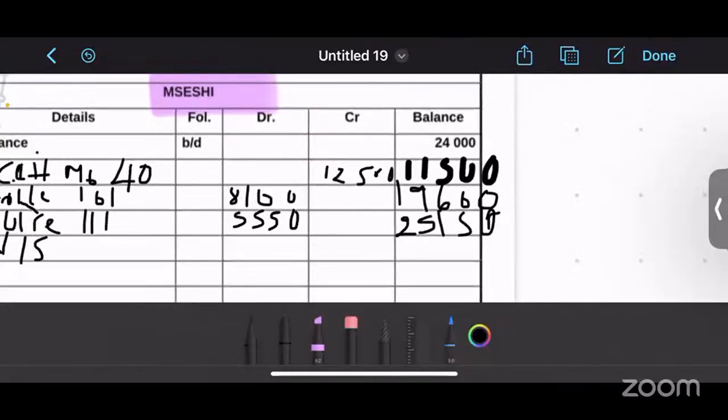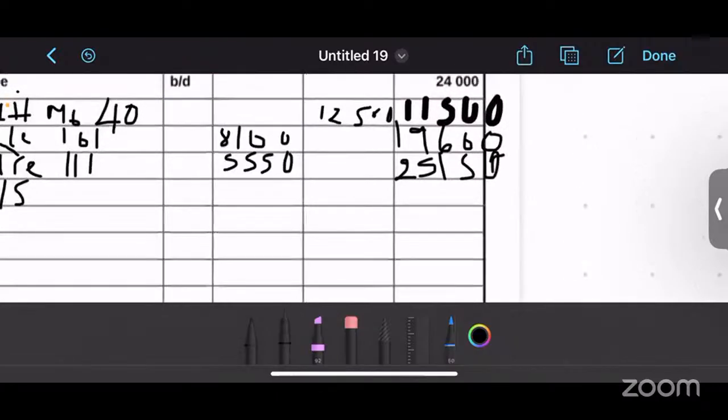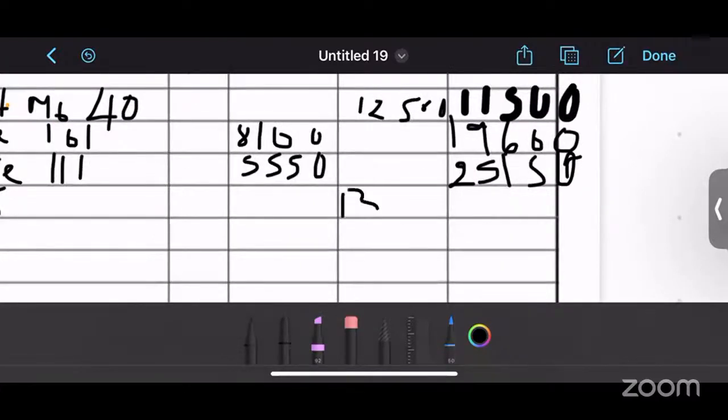When a customer who bought things from you on credit comes and returns the goods, when we record that, are we debiting it or crediting it? On the credit side. So we're going to have 1,350 here. And what's going to be the new balance now?